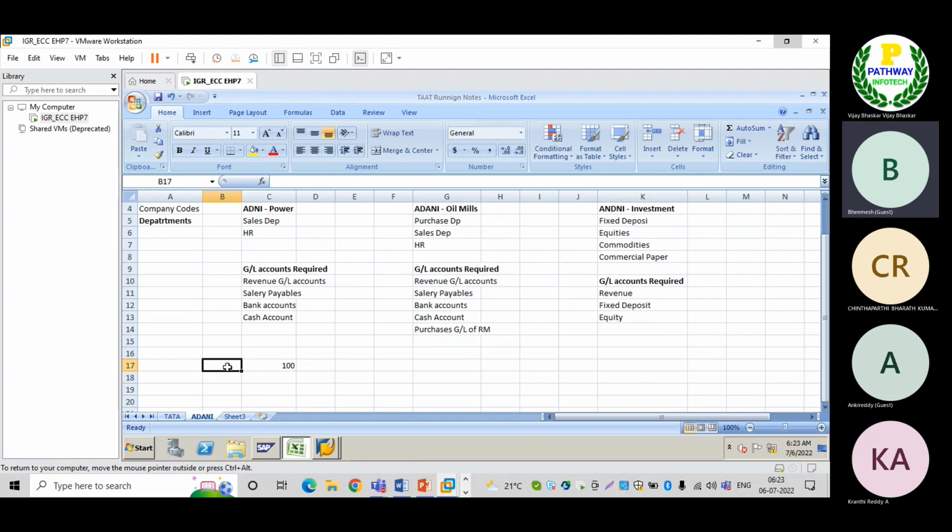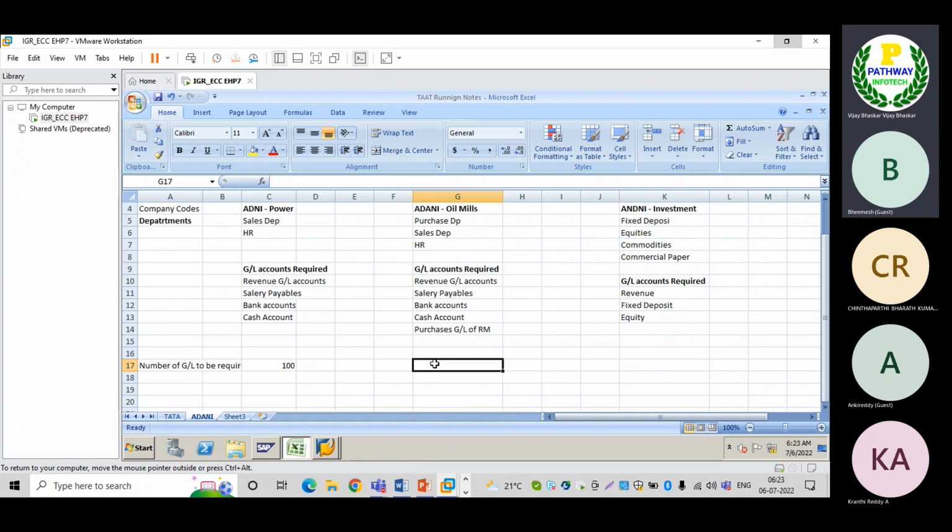For an organization with sales, purchases, and different departments, this legal entity may require 150 GL accounts to record day-to-day business transactions.